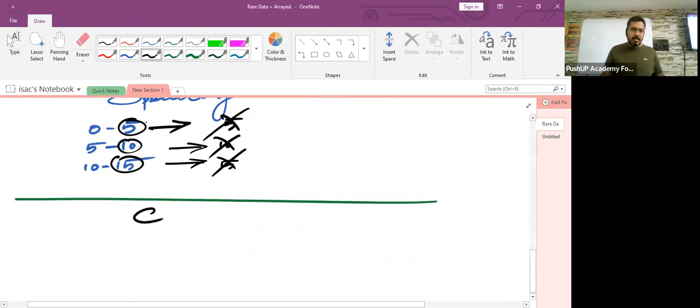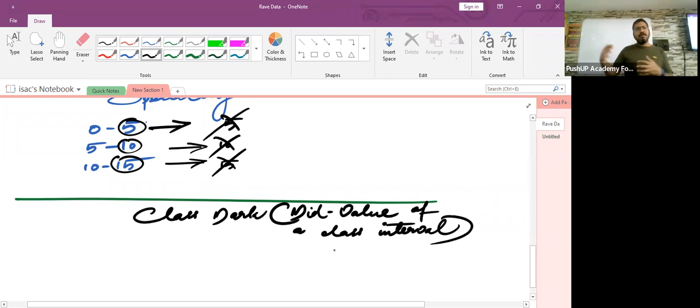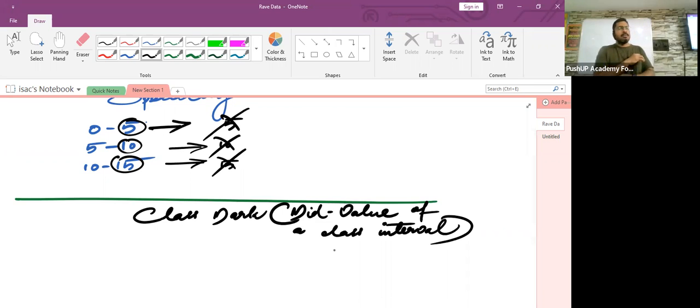Okay, the next topic, children, class mark or the mid value of a class interval. Every time you don't have to use this complete phrase, mid value of a class interval. Just to shorten your effort, they have used the word class mark. Okay, from the word itself, you must have understood what I'm trying to teach you.